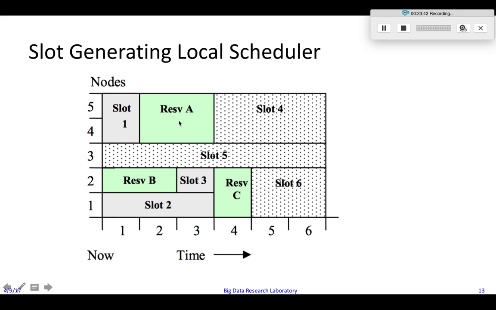For example, in this example, the scheduler has already reserved 3 resources. It's reserved 1, reserved 2, reserved 3, and then we can have these 6 free slots.